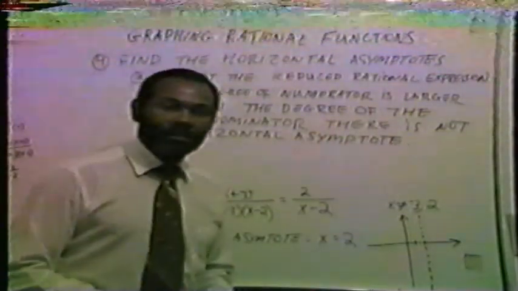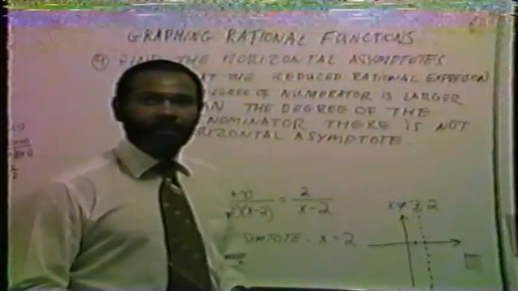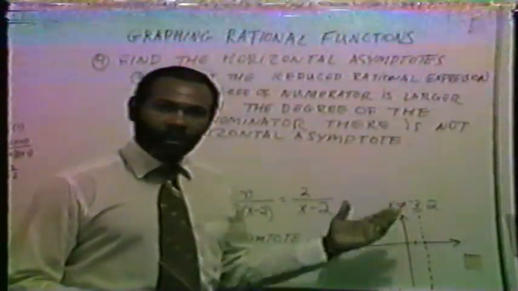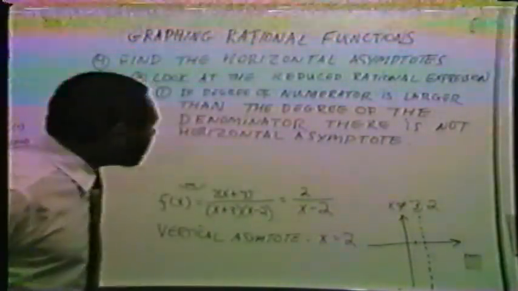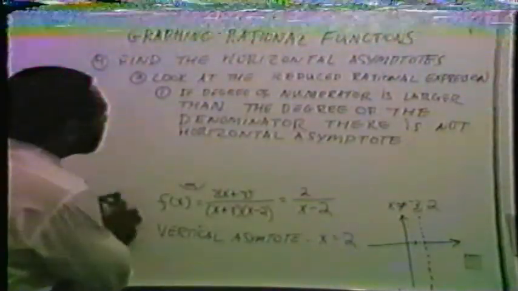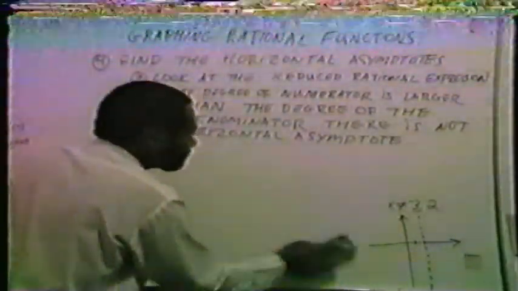So you don't have to worry about a horizontal asymptote if that's the case, because there is none. You just work with the vertical asymptote or asymptotes that you have. So that's scenario number 1.